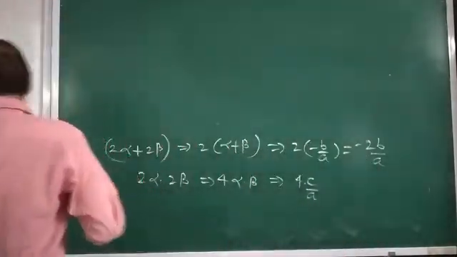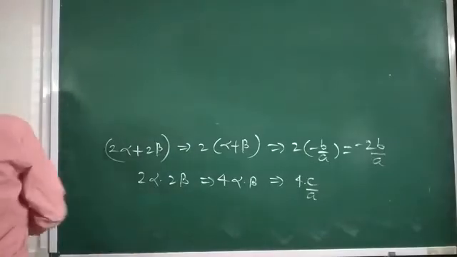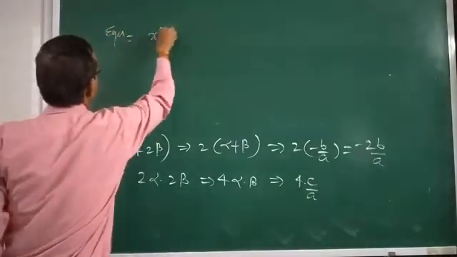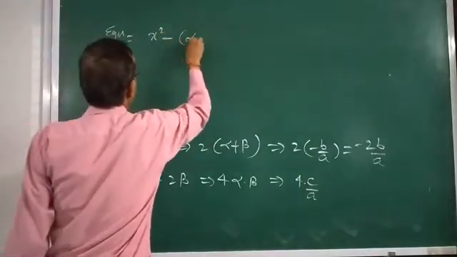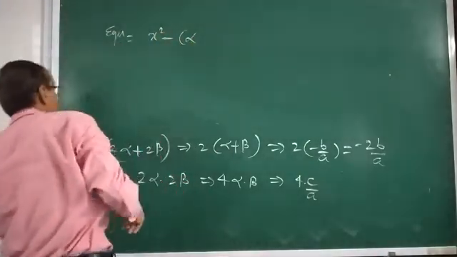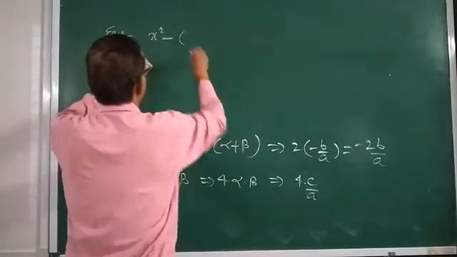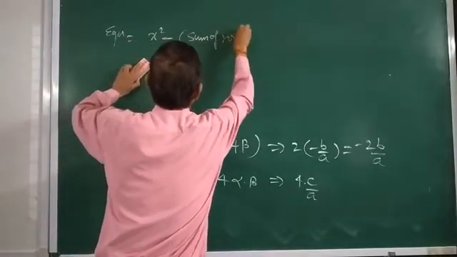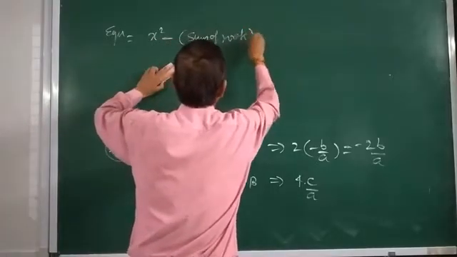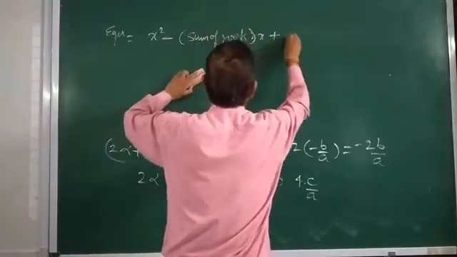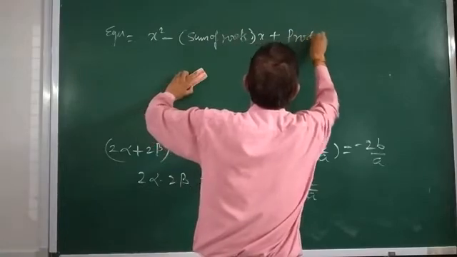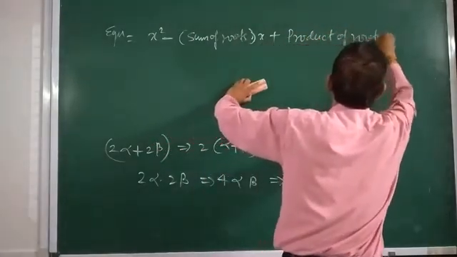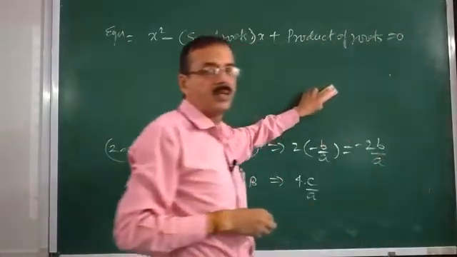Now, what will be the equation? To make the equation, we need x square minus sum of roots into x plus product of roots is equal to 0.